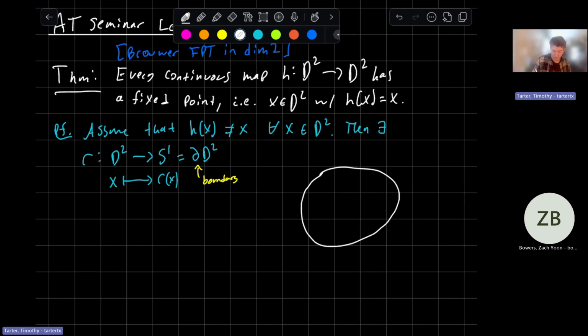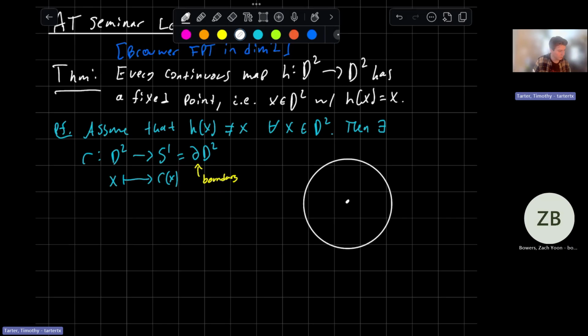So pictorially, this looks like: if we start with x, we have h of x kind of arbitrarily over here, and then we map a ray as a straight line from h of x through x onto the boundary.